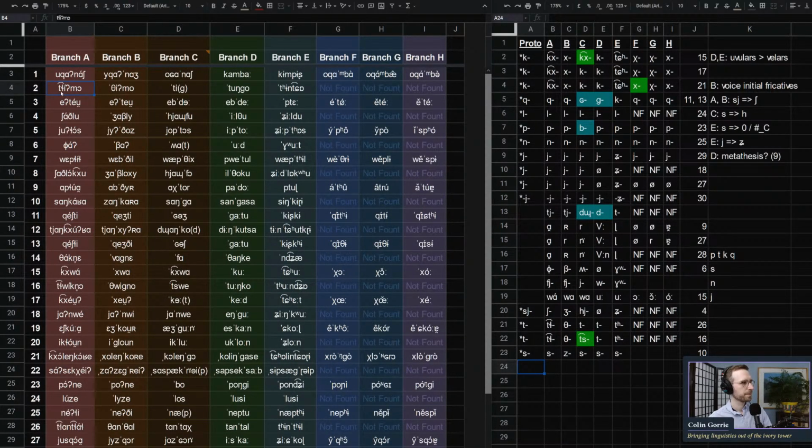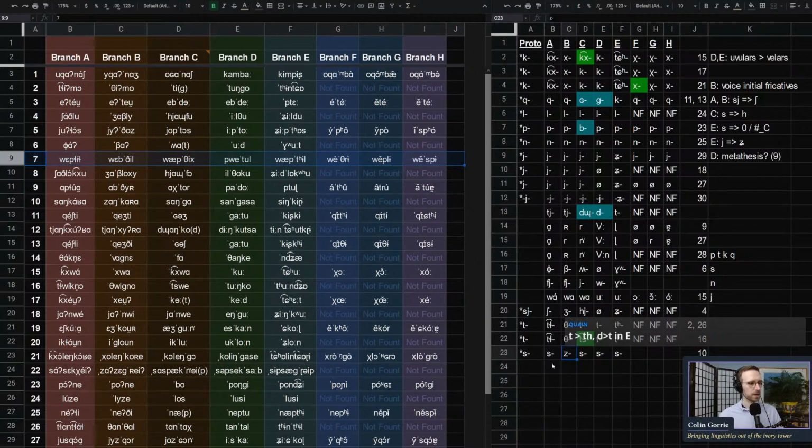And we have here this same correspondence set, 2 and 26. We have 7.